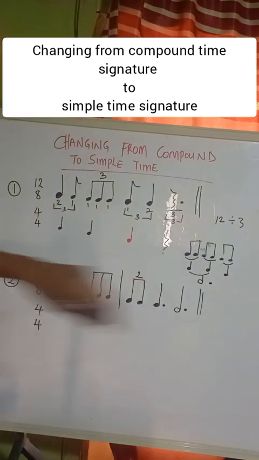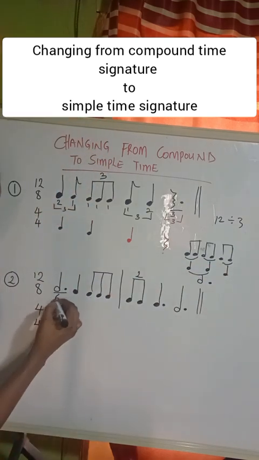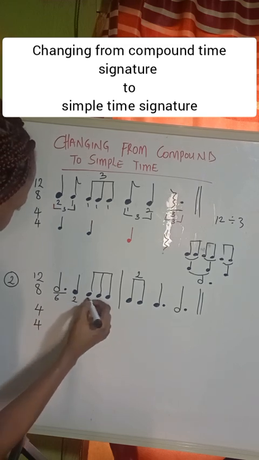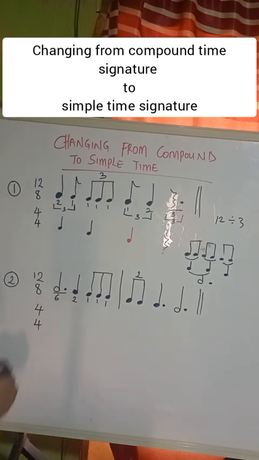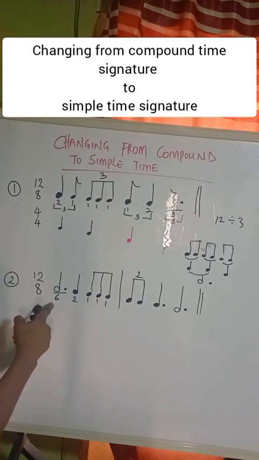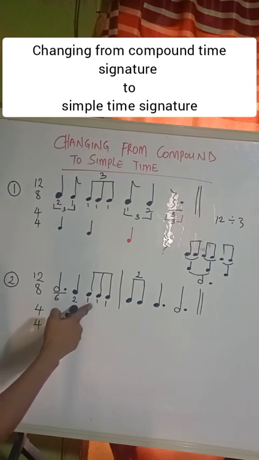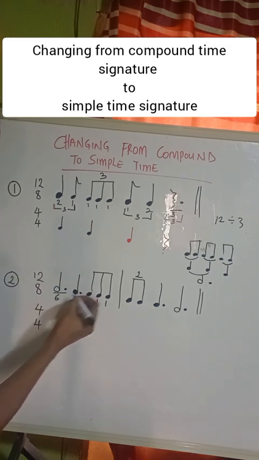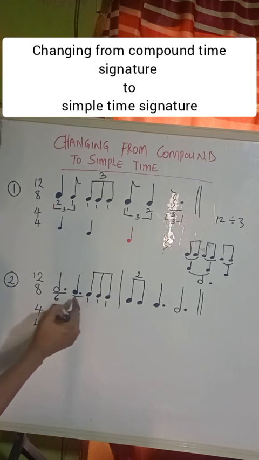And then this one now becomes a dot. So that means we had 6 quavers here, and here we had 2 quavers, and here 1, 1, 1. So 6, 8, 9, 10, 11. Made a mistake.